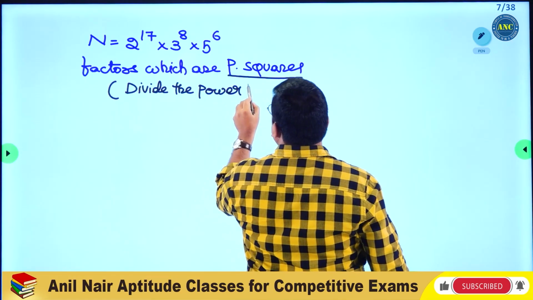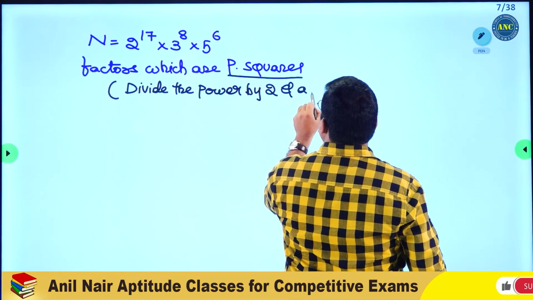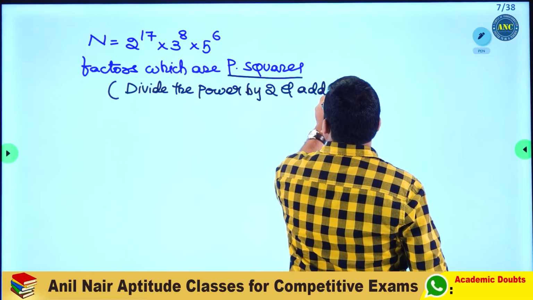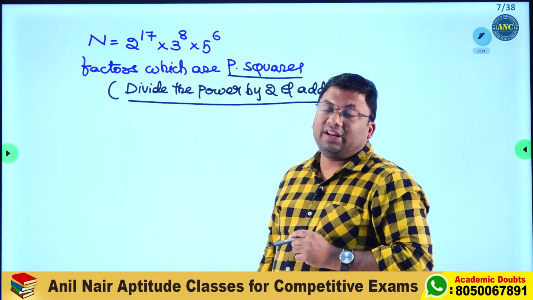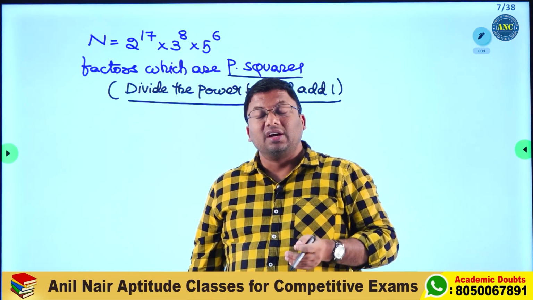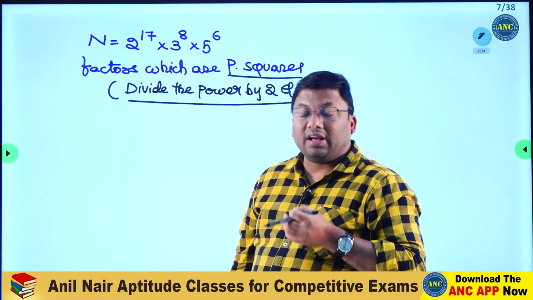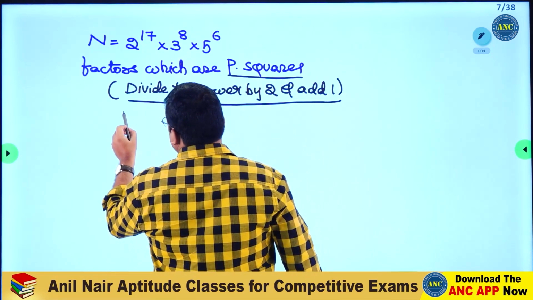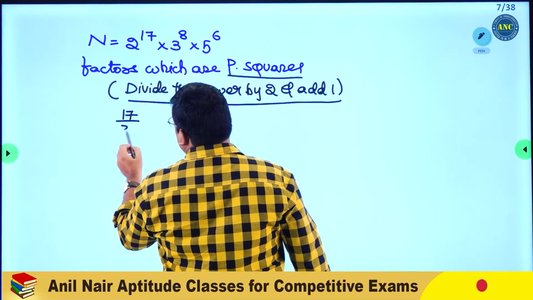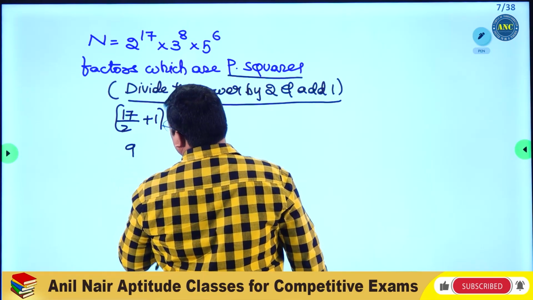Why are we dividing the power by 2 and adding 1? We are adding 1 because of 2 power 0, since 1 is a perfect square for every number. Why are we dividing by 2? Because in any perfect square, the power will be an even number, and an even number is divisible by 2. So this will be 17 by 2. If you get a decimal, ignore it. 17 by 2 gives 8, plus 1, 9.